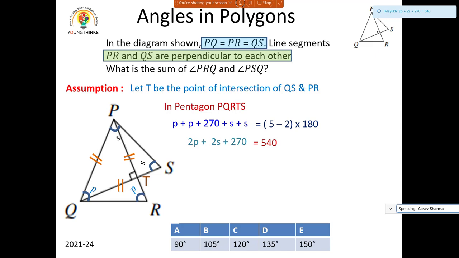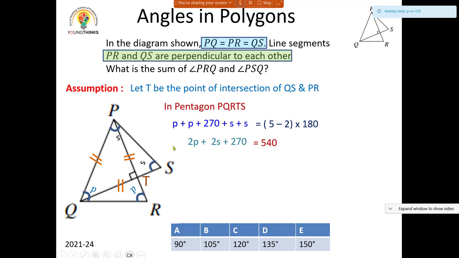You are saying that they are congruent, right? Well, they have given PRQ and PSQ as two different angles, so by default we have to assume them as two different. Eventually, what you're saying makes sense, but we have to respect what they are saying. So that's why I assumed them to be two different angles.